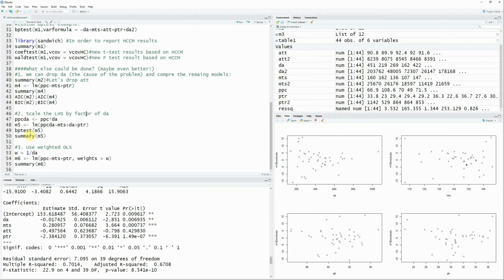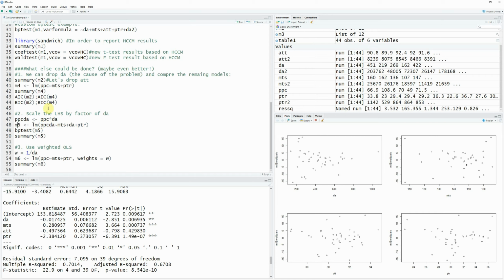Instead of modeling per pupil cost, we're going to model total cost for students. That would be if we multiply daily attendance by per pupil cost, then we get that total cost. Again, if anyone wants to convert it back, it's as easy as dividing it by the DA, the daily attendance that we were using.